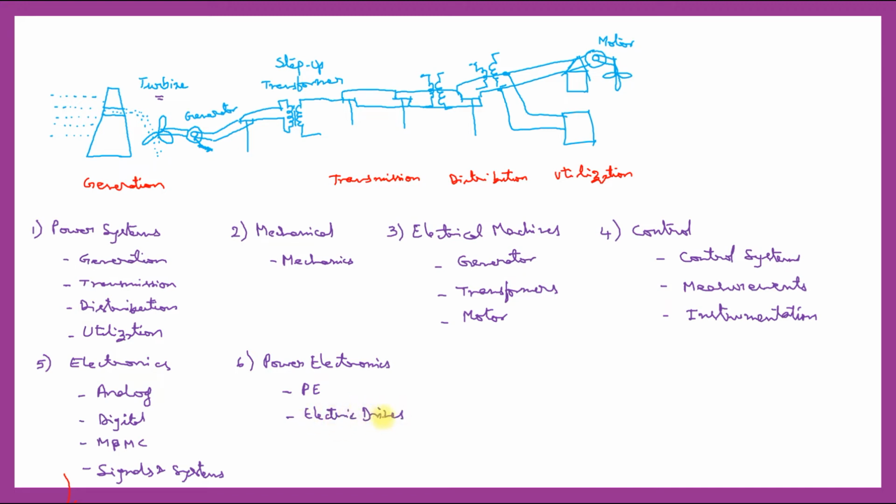Even we can touch a bit on it in utilization also, but nowadays electric drives is a very big utilization of electrical energy. So we have separated electric drives into a separate course, and we have removed those modules from utilization, and we have given that space to some other utilization aspects, maybe heating, welding, electrolysis, and electric traction.